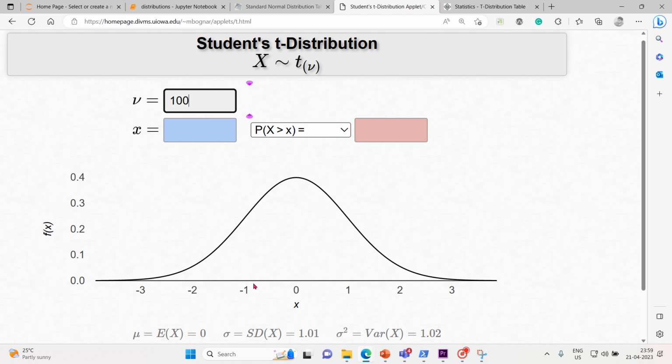Obviously, that's what happens. Okay, so in summary, the term degrees of freedom in statistics refers to the number of values in a sample that are free to vary when estimating a statistical parameter. In the case of the t distribution, the degrees of freedom is calculated as the sample size minus 1, where n is the sample size.